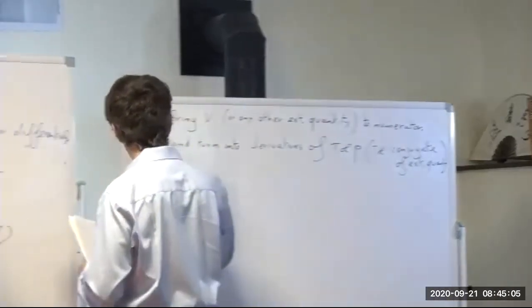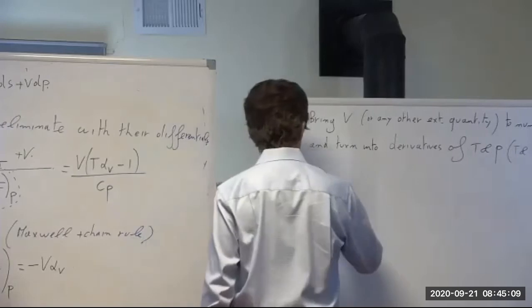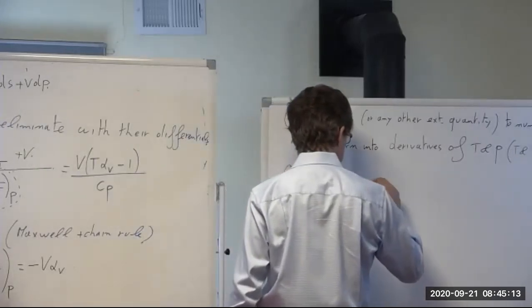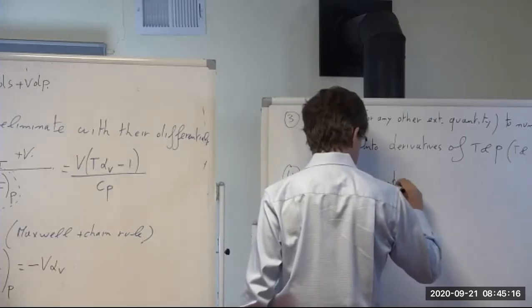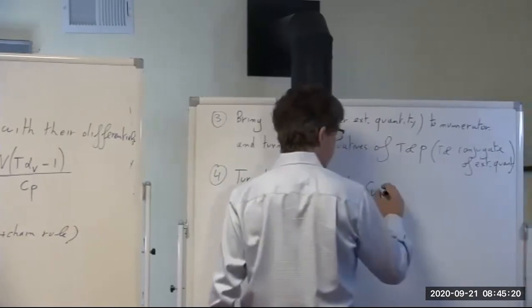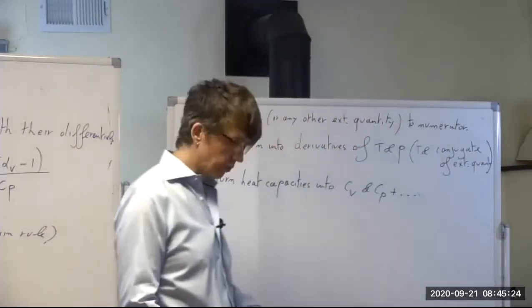And then 4, which we almost never do, unless I explicitly ask you, is you turn heat capacities into things you know. You turn them into CV and CP plus other things. Usually there are correction terms to it.